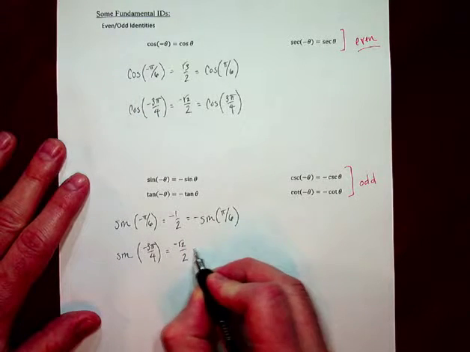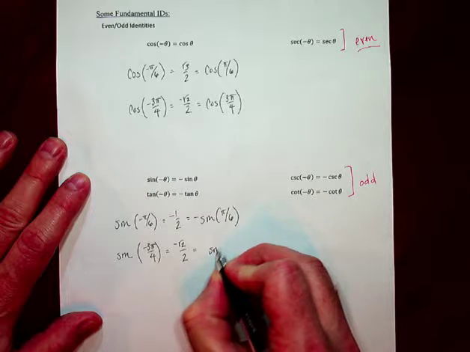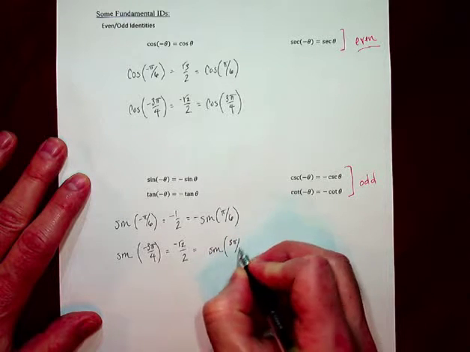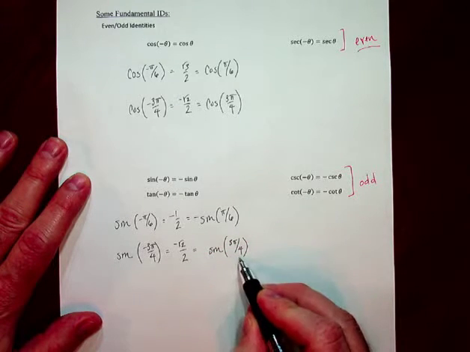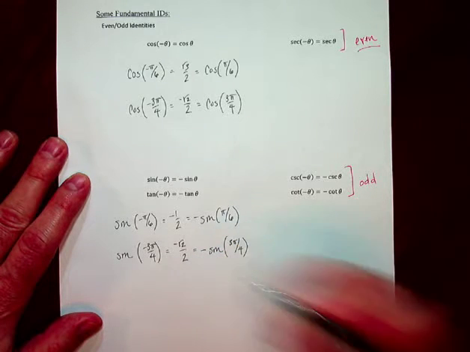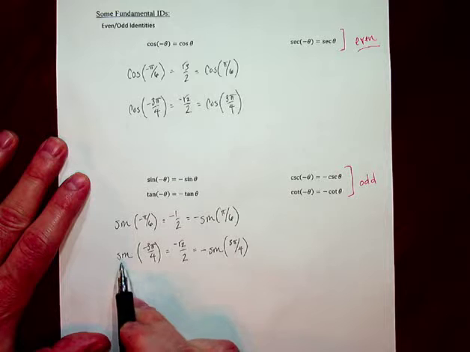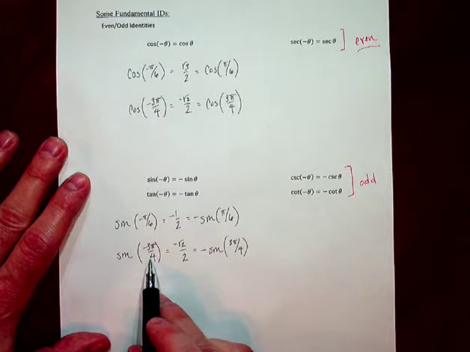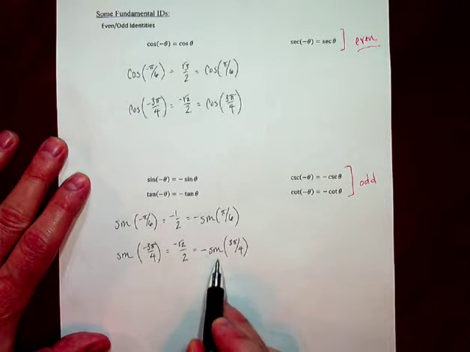But we recognize the fact that sine of positive 3 pi over 4 is going to be in the second quadrant, and there sine is positive, so the sine of negative theta is equal to the negative sine of theta.